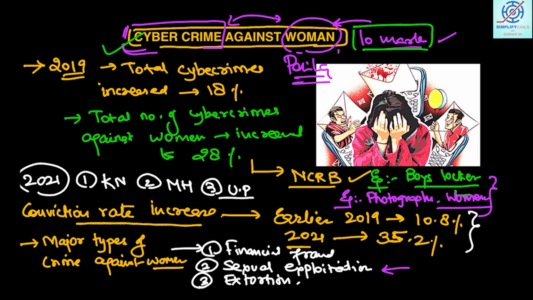These crimes are happening, and generally it is teenagers who fall into the trap. We need to ensure the safety of people and spread awareness among the masses that these things should not happen. But in the last 5-6 years, there has been a tremendous increase in such crimes.